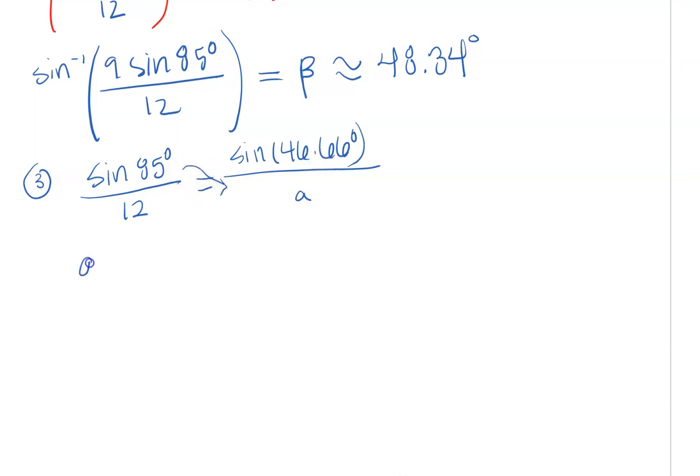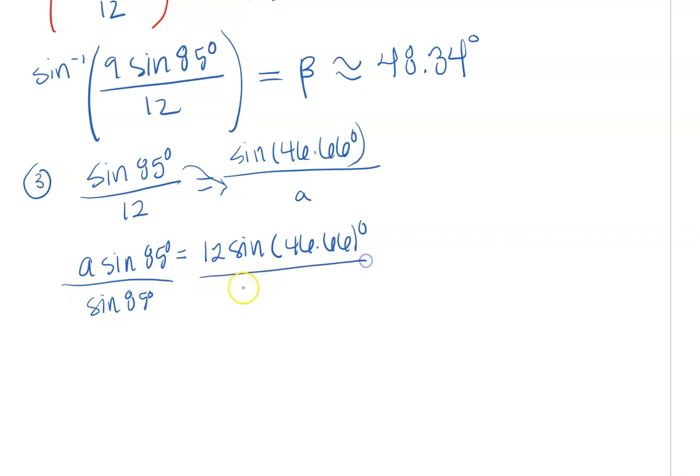So I'm going to say that would be A sine of 85 degrees equal to 12 sine of 46.66 degrees, divide by sine of 85, divide by sine of 85. So A is equal to, I'm going to go into my calculator, and you should get about, when I round to 2 decimal places, 8.76.